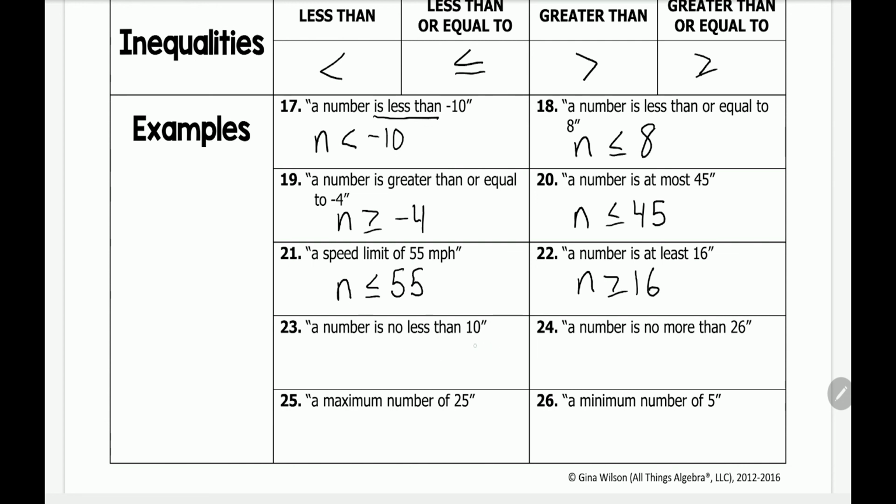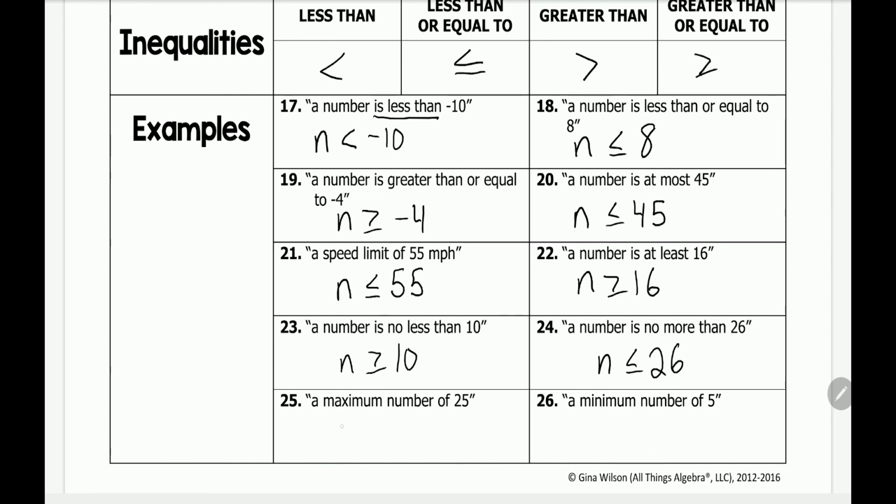So that means it's not less than 10, so it has to be greater than or equal to. So n is greater than or equal to 10. Alright, for 24. A number is no more than 26. That means the maximum is 26. So we're going to take a number, and the biggest it can possibly be is 26. So we're going to use less than or equal to 26.